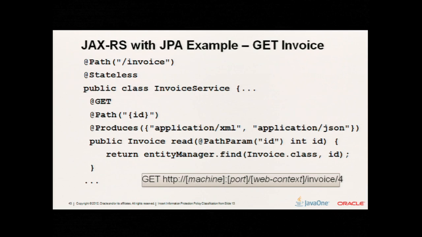What the JAX-RS engine does is takes that information, translates it down, and says, okay, I have a bean that looks for invoice with a get operation that takes the next element of the URL and treats it as the ID, and I pass it in. So the JAX-RS engine is all about doing that translation for you, and it does it very well.